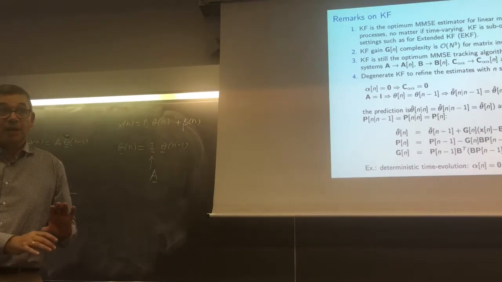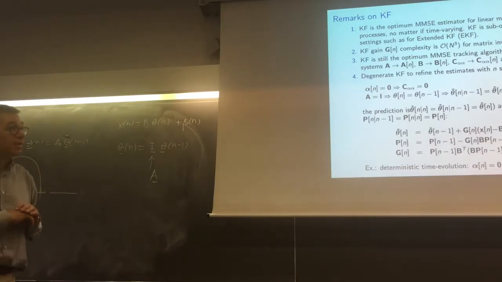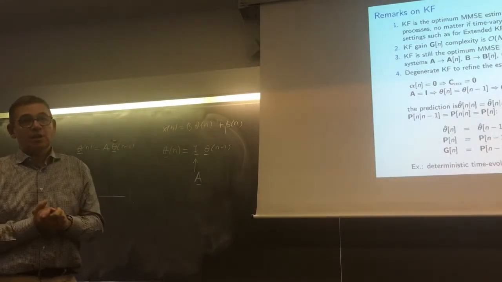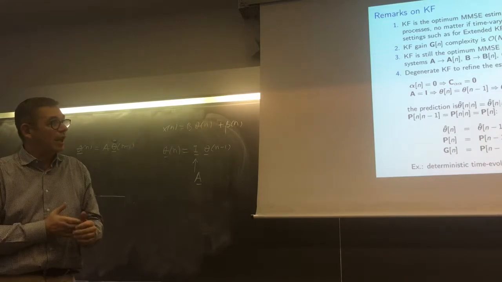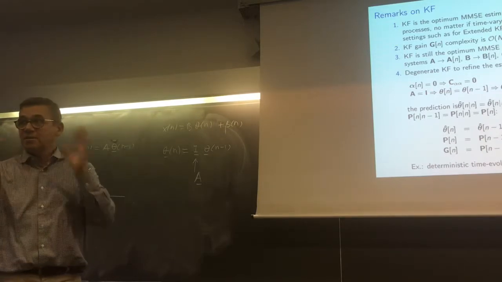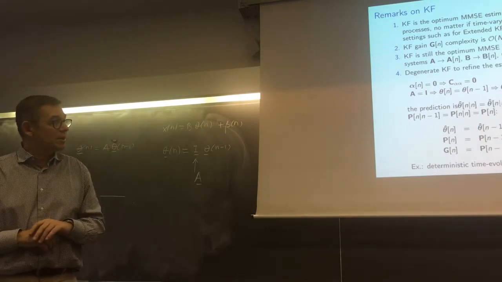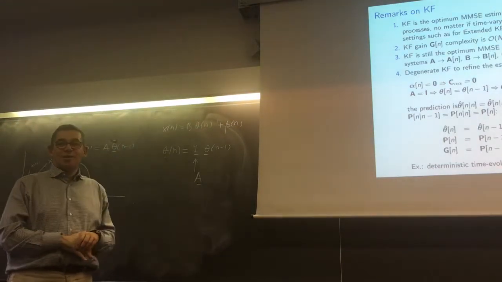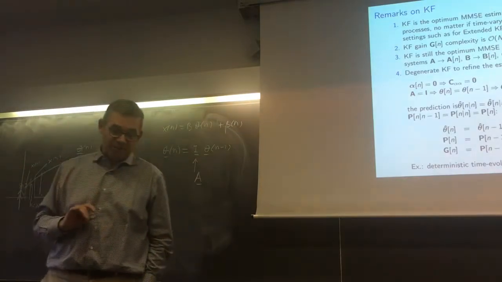That's a degenerate case, so I can use the Kalman filter even for this case. In the book, there is one solution for avoiding the update of the Kalman filter gain. That's one possibility.